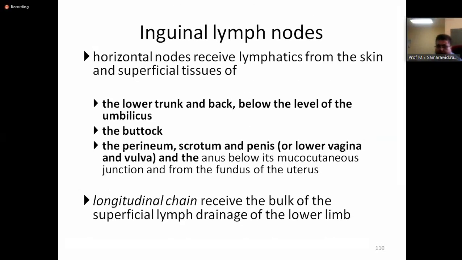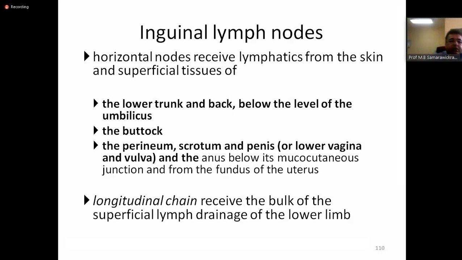Inguinal nodes, on the other hand, again have superficial and deep groups. The superficial group is arranged in a horizontal group and a vertical group. The horizontal group lies along the inguinal ligament and the vertical group along the great saphenous vein.